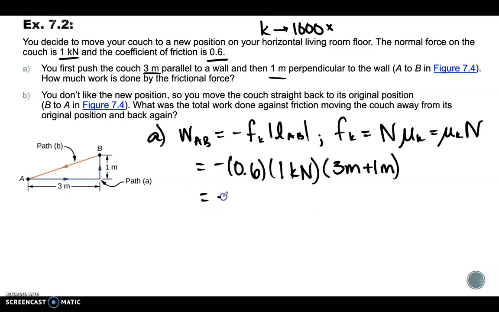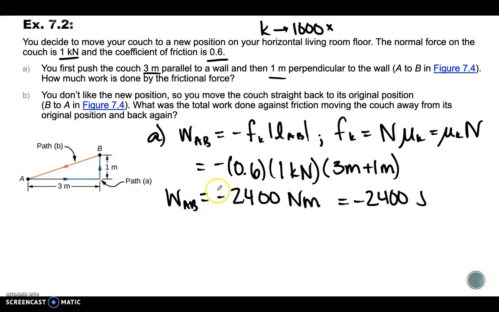So our work done is 2,400 newton meters, or 2,400 joules. So this is our work done from A to B.